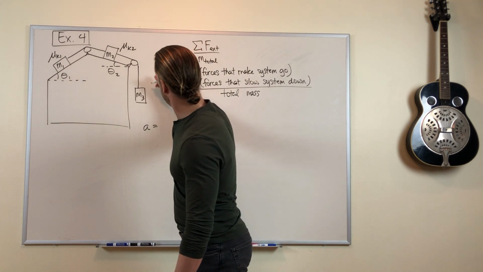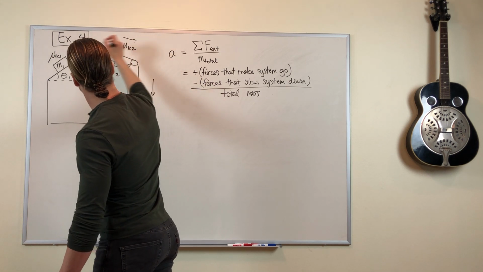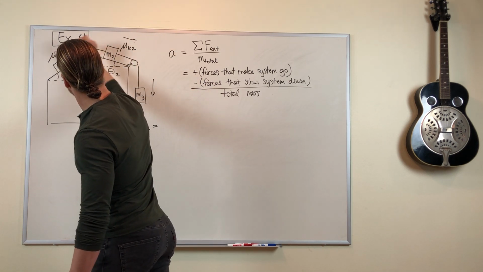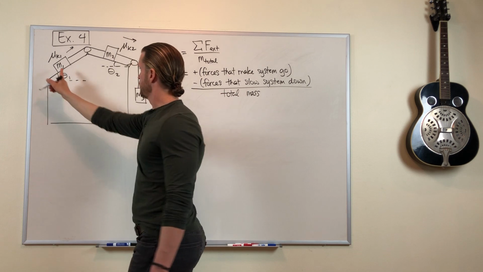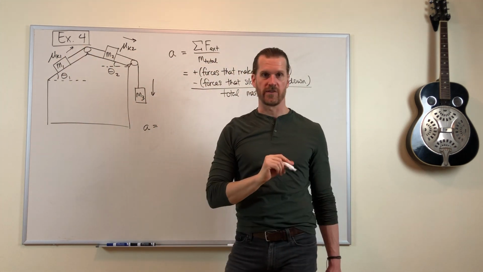But let's assume that the system is moving this way. Mass 1 is moving up the slope, mass 2 is moving down its slope, mass 3 is moving down.